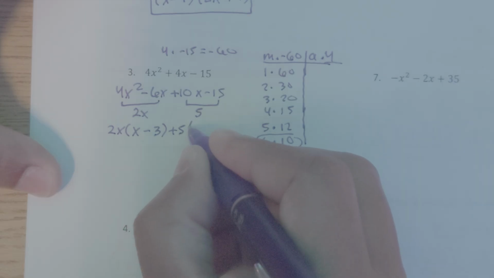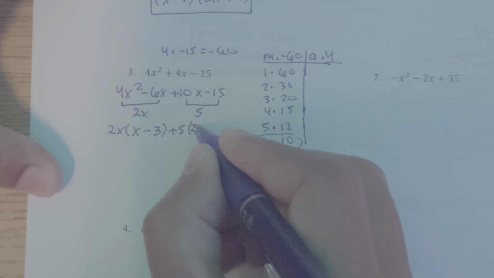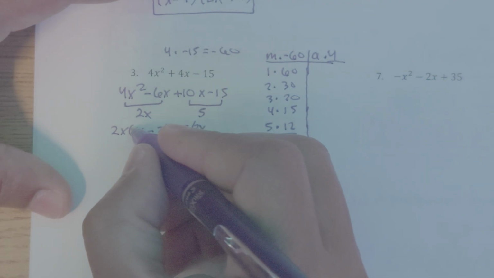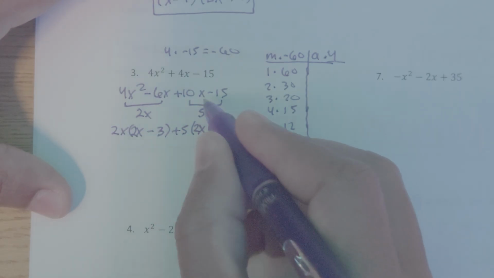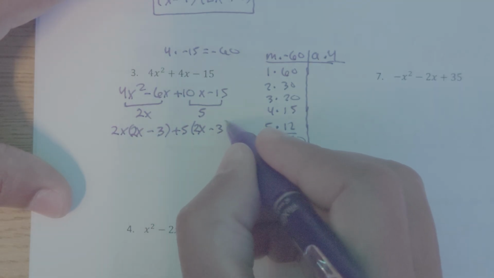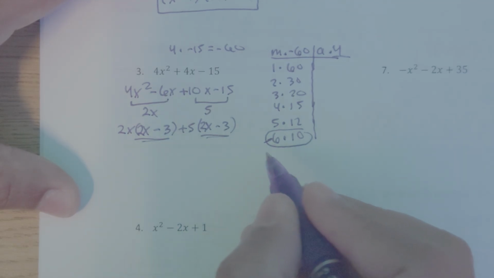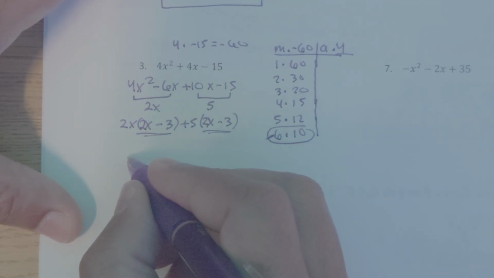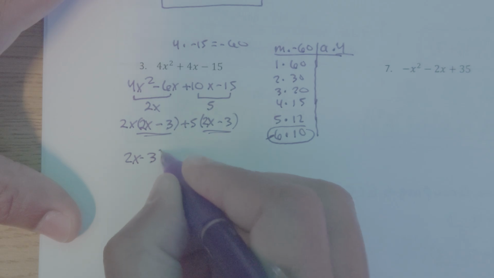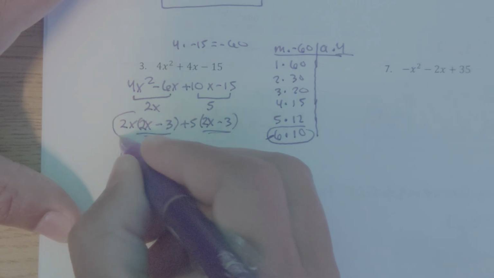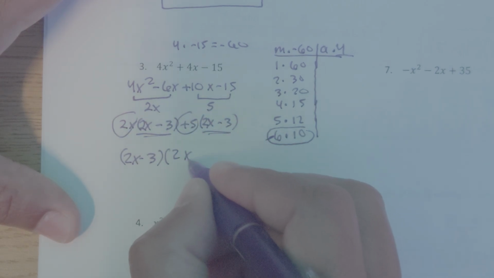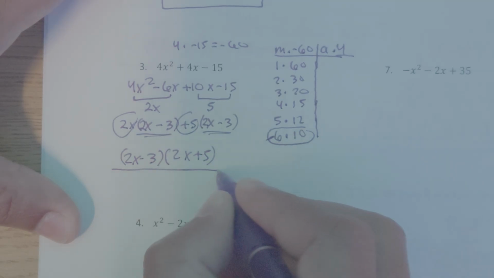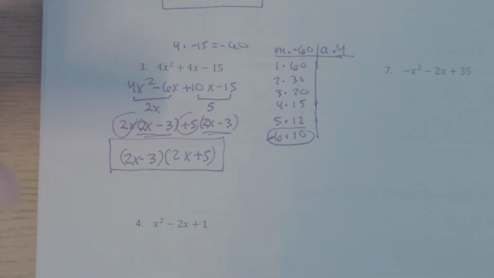Plus 5 times 2x minus 3, and I forgot this should be a 2 here, 2x minus 3, and this should be 2x minus 3 also. So you can see we have the same binomial. Then 2x minus 3 is a GCF in the two groups, and then put together 2x plus 5 in another parenthesis. And that's that quadratic in factored form.